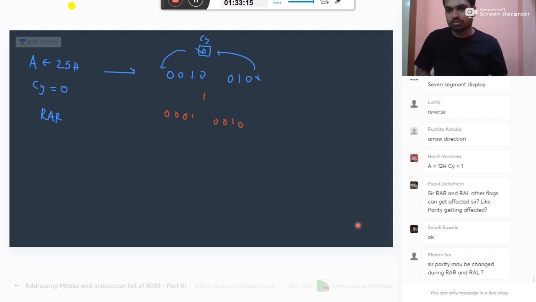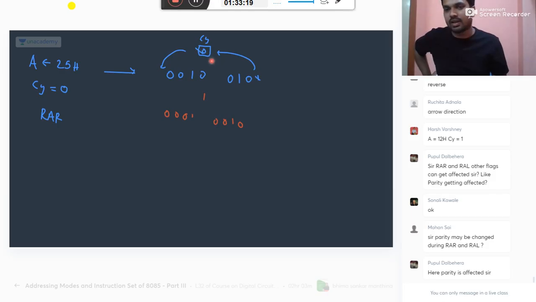Right. So this is the easiest way to perform your rotate operation. Actually, the application of this is to rotate the data through carry.